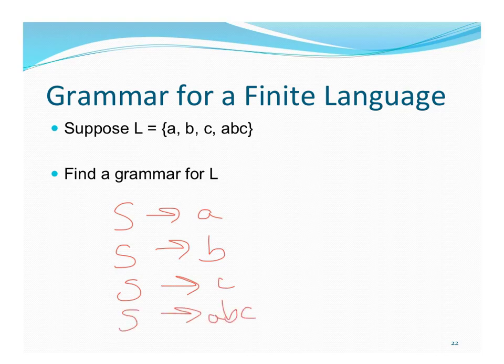So there's a grammar for L. Another way to write this in shorthand would be S goes to A or B or C or ABC. But I hope that you see that if you have a finite language, it's trivial to write a grammar for it. Even if it's a finite language with 100 different strings, you could just have 100 of these production rules if you wanted to.